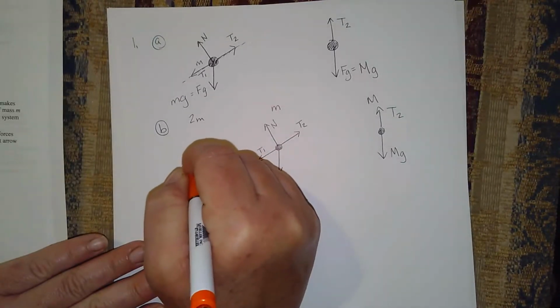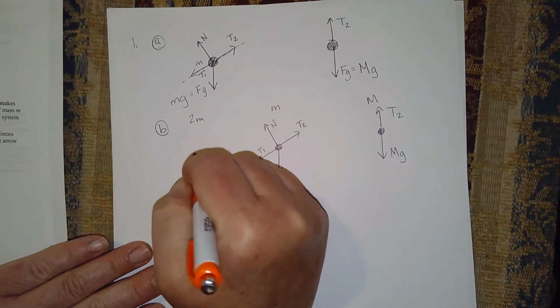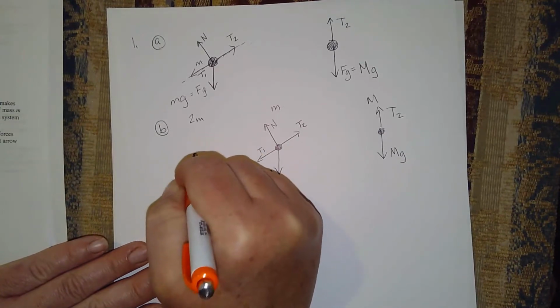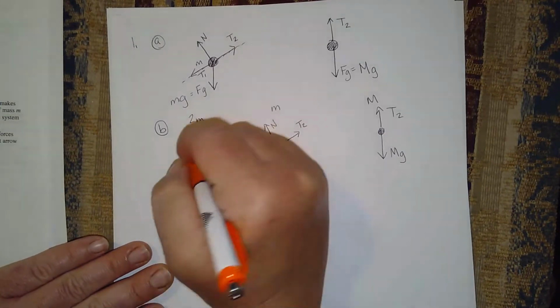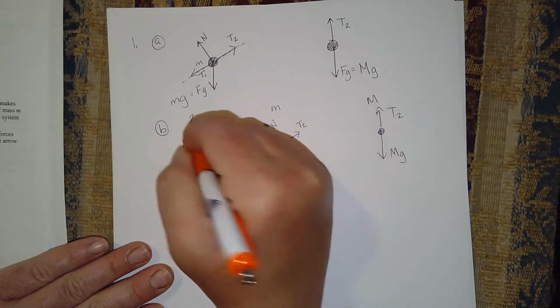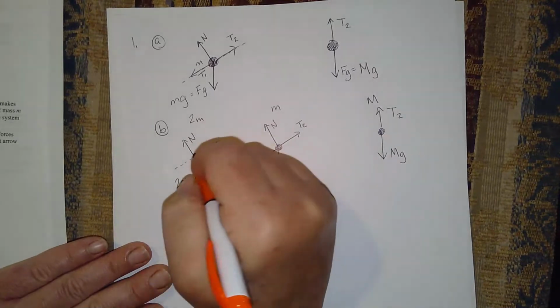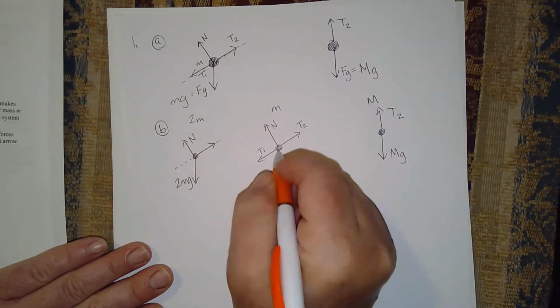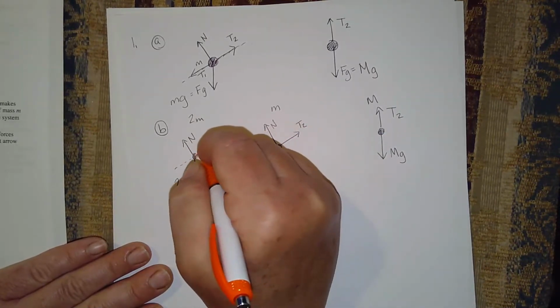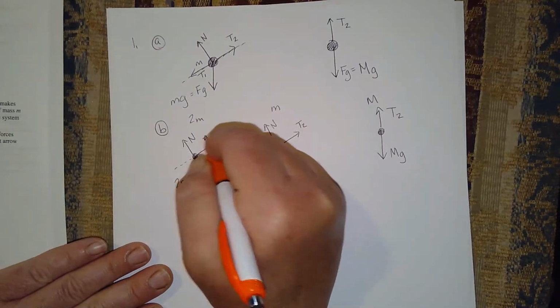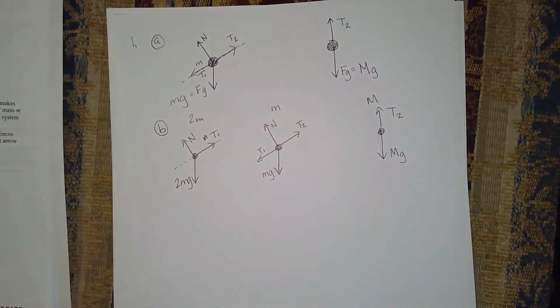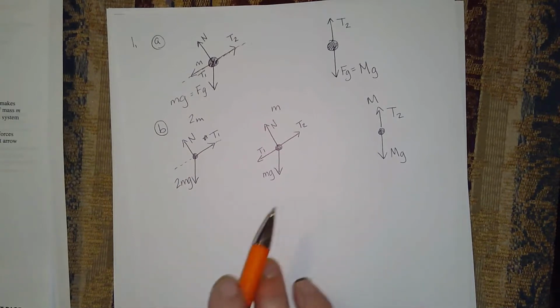And so we'll put him, his gravity is down, it's 2mg. His normal is, again, perpendicular to the surface. If you need to, draw yourself a surface in there so you can see that. And then he has, T1 pulls down on the middle block, but it pulls up on this, so that's T1. Okay, so now I've got the free body diagrams for all three.